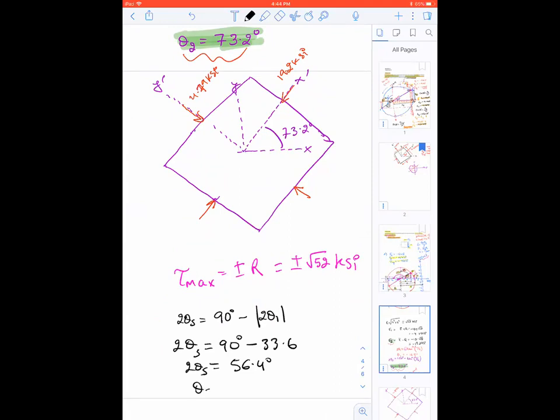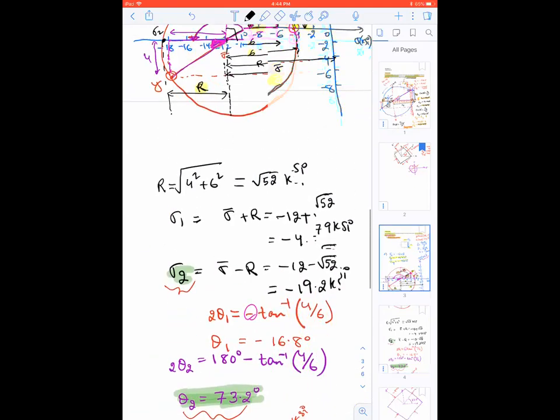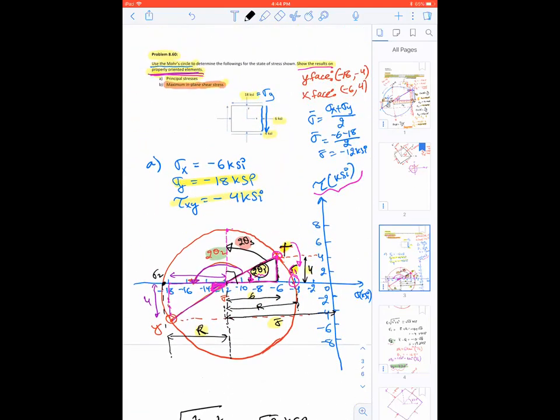My theta s will be half of that, 28.2 degrees. Now, if I consider this to be my x prime face, then this will be my y prime face.